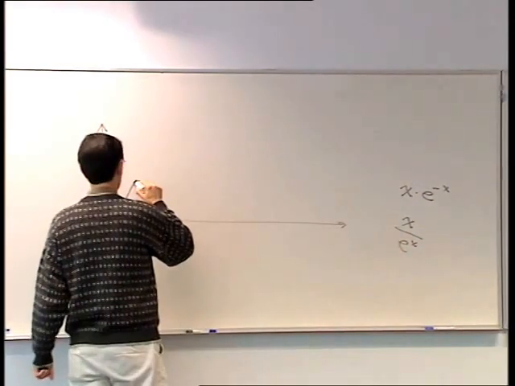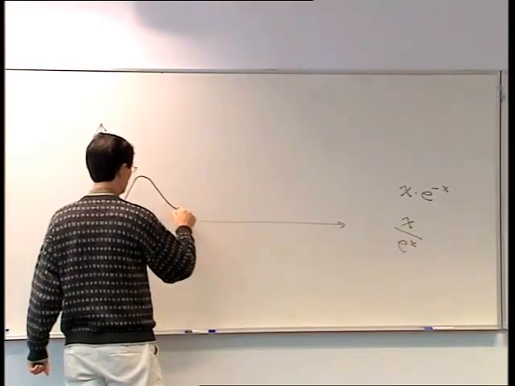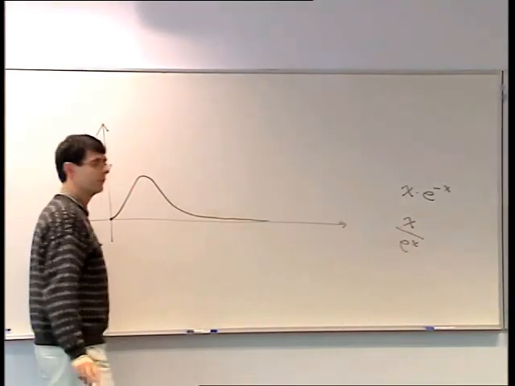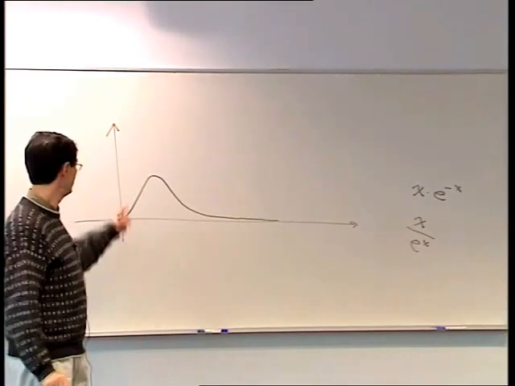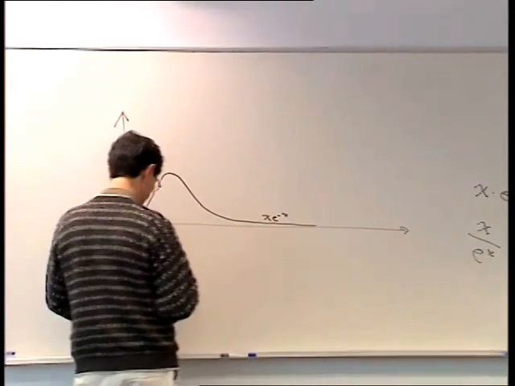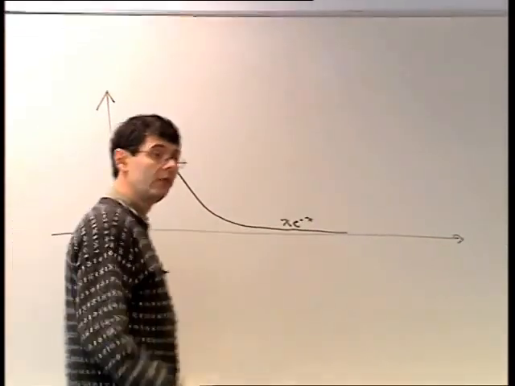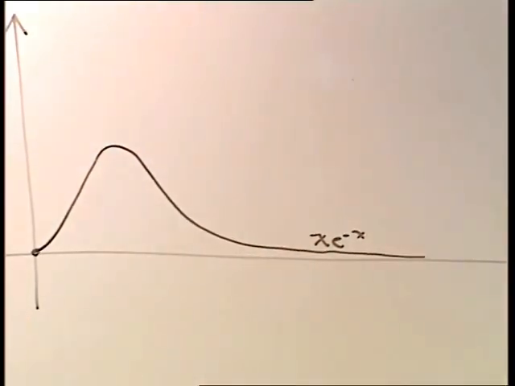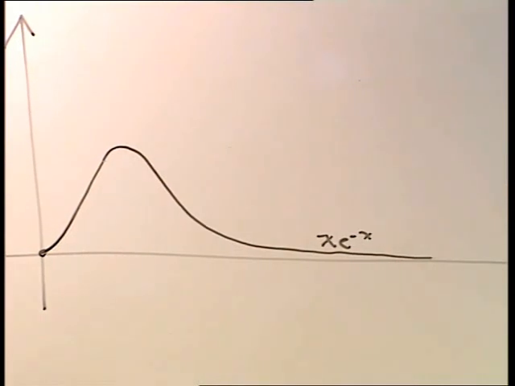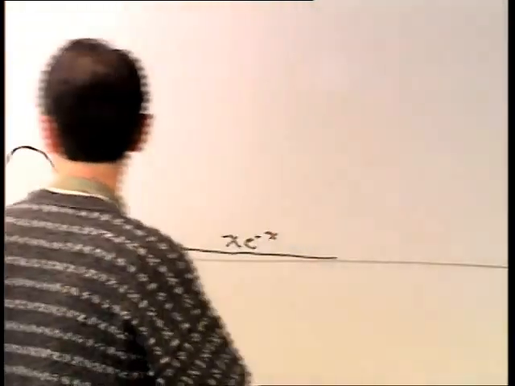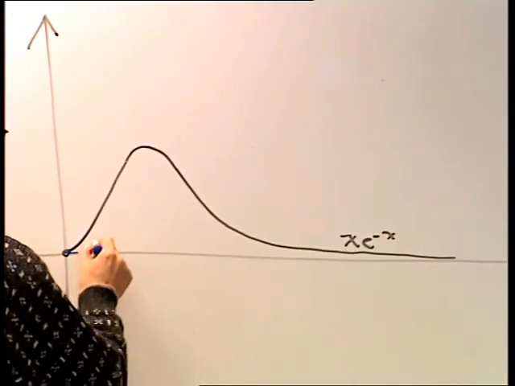So it has to come down and get closer and closer to 0. So this is the graph of x e to the negative x. What about x squared e to the negative x? Well, x squared e to the negative x is going to do almost the same thing, but because x squared is bigger than x, you're going to see something like this.